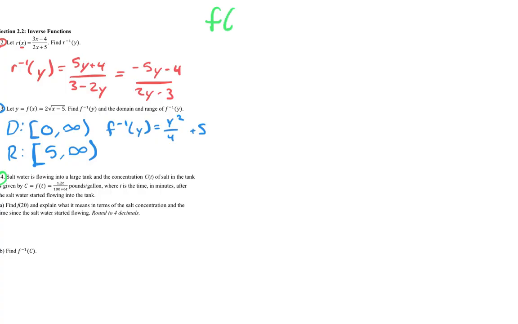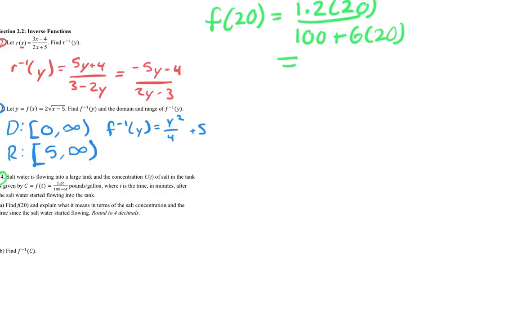So F of 20 is going to equal 1.2 times 20 over 100 plus 6 times 20. Our numerator comes out to 24, and our denominator comes out to 220.